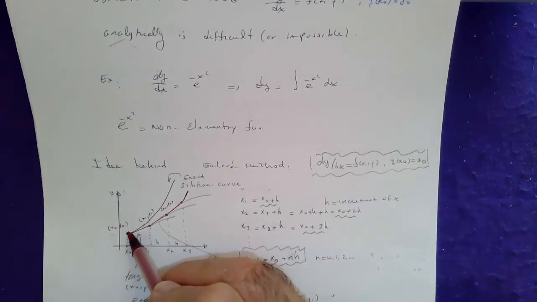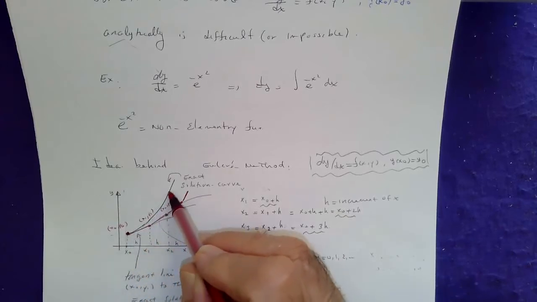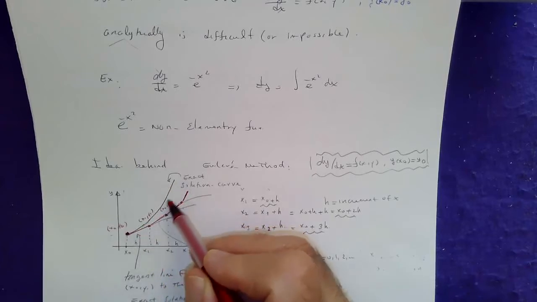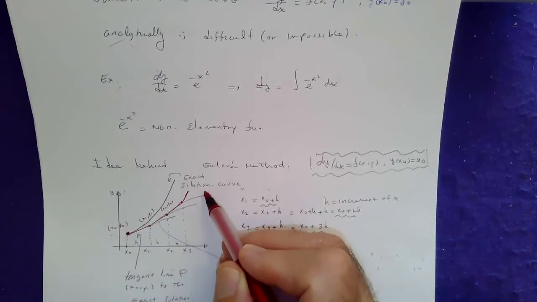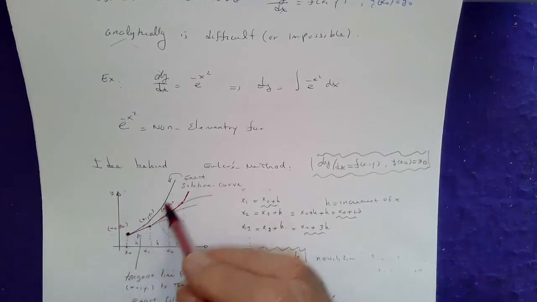This dark curve is the exact solution, so the initial condition is on the exact solution.